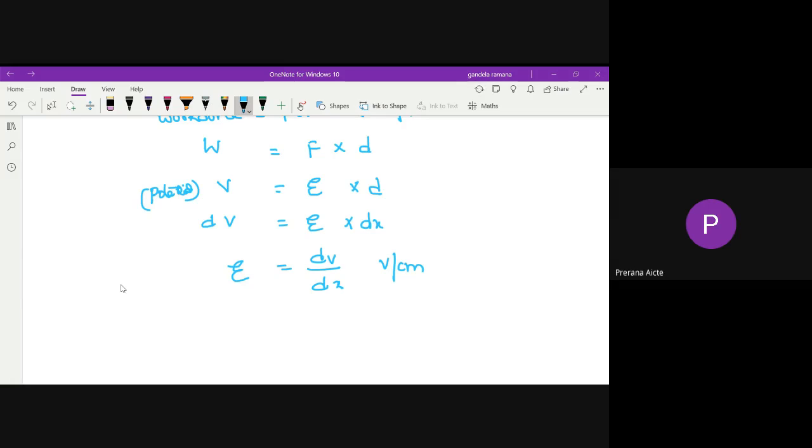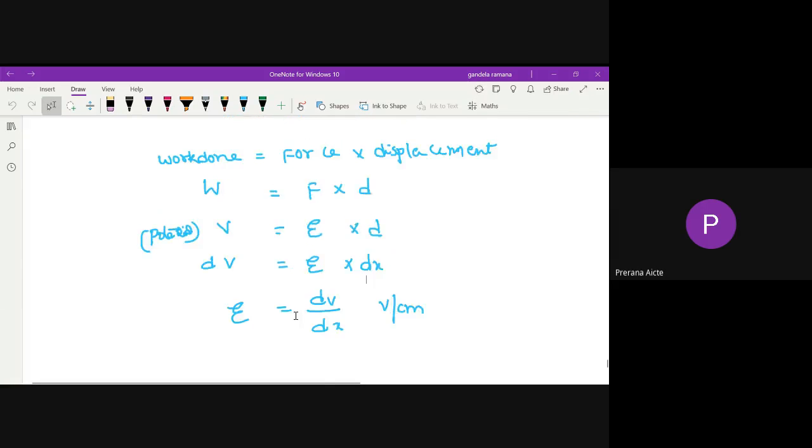Sometimes electrical intensity is equal to negative potential gradient, so minus dV by dx.